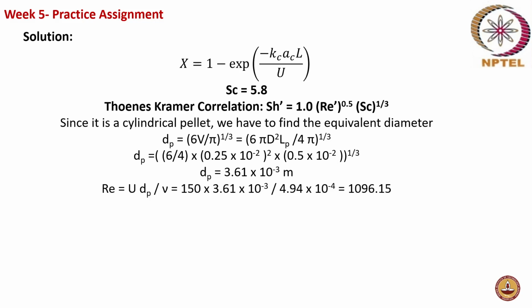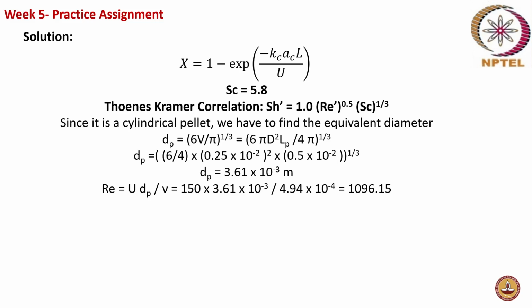Now we have to find out your Reynolds number. Your Reynolds number is given by U into dP by nu, where U is your superficial gas velocity, and dP is your equivalent particle diameter, that is equivalent diameter of the cylinder, divided by nu, where nu is your kinematic viscosity.